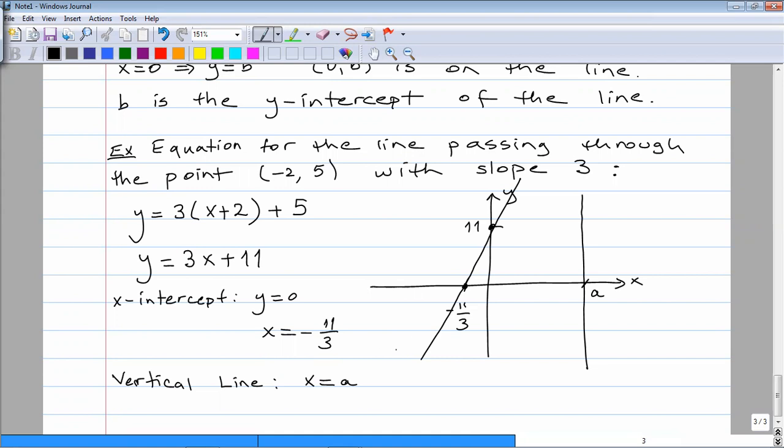And similarly, if you have a horizontal line, it's going to have an equation like y equals constant b. Any questions?